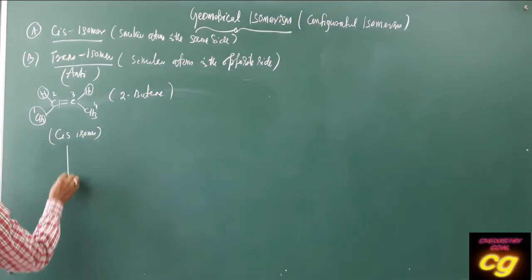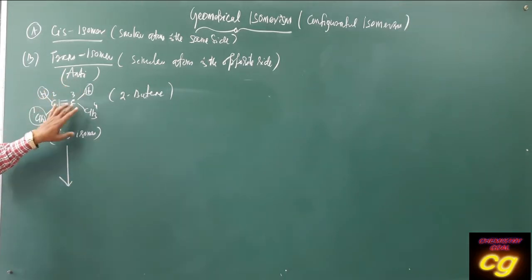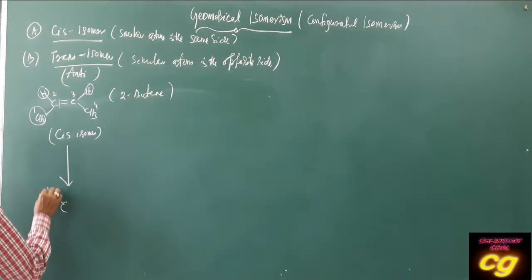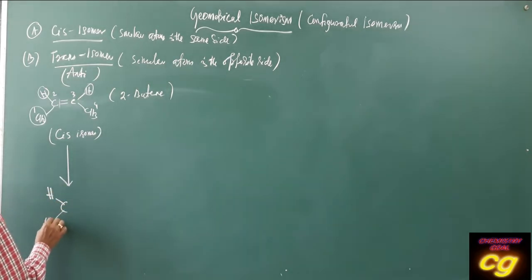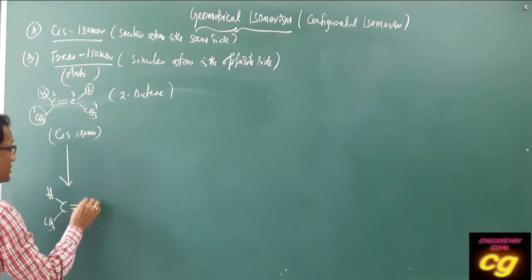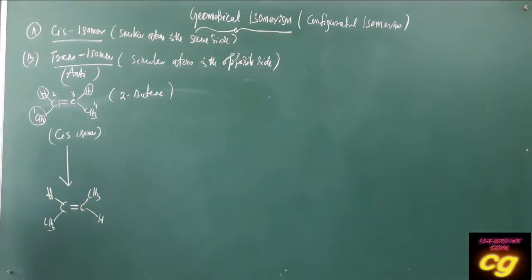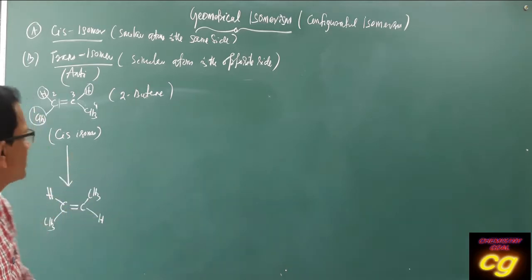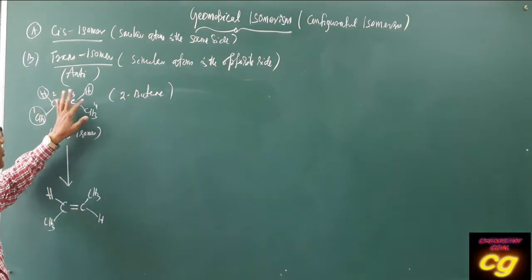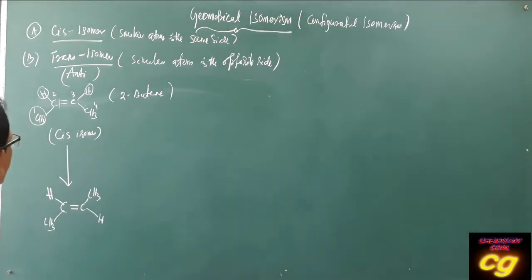Now change the groups around one carbon and keep the other position intact. Here H and CH3 will be interchanged. You have to change only one carbon. If you change both carbons, the same type of configuration will form.